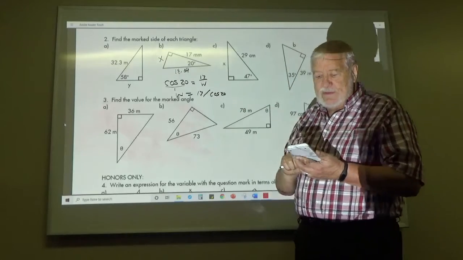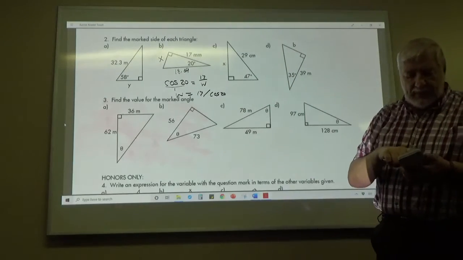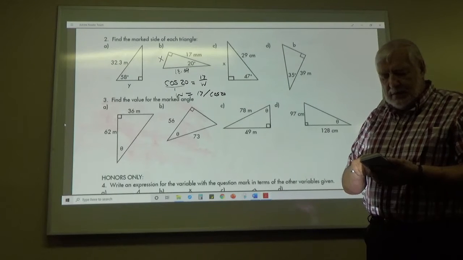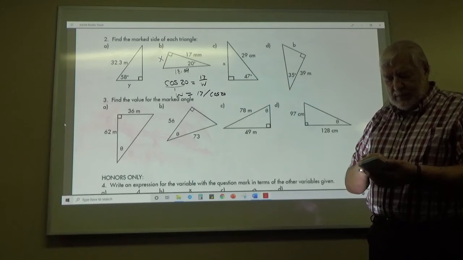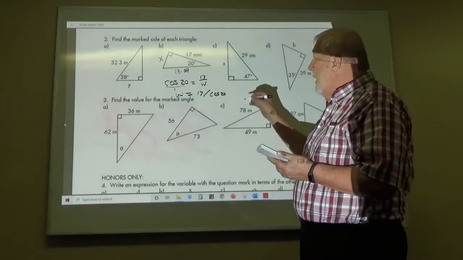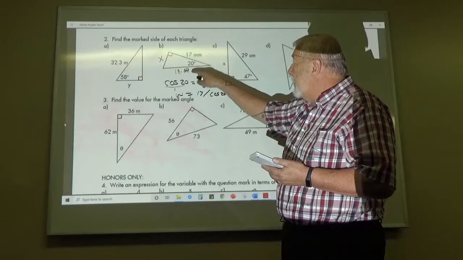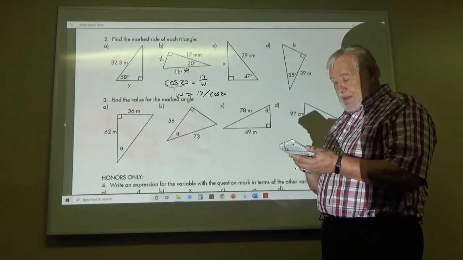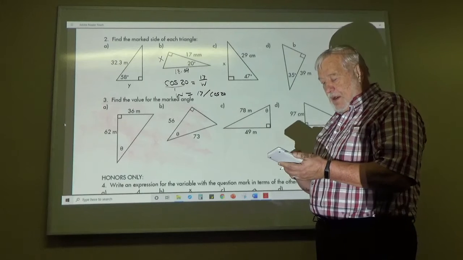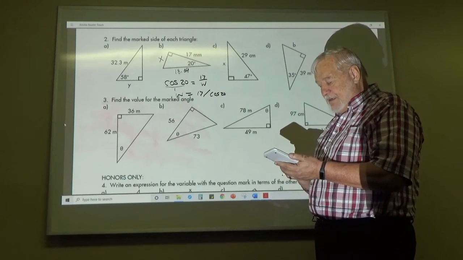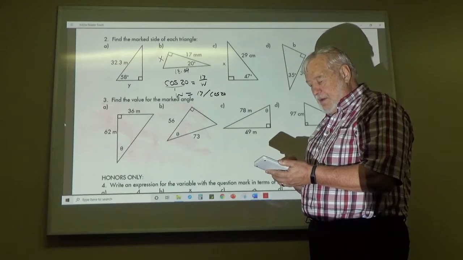So start with second square root. Get your square root up there. Can't see it. Second square root. And then we're going to put 18.09 squared minus 17 squared.